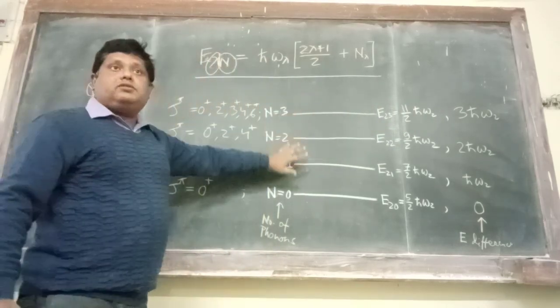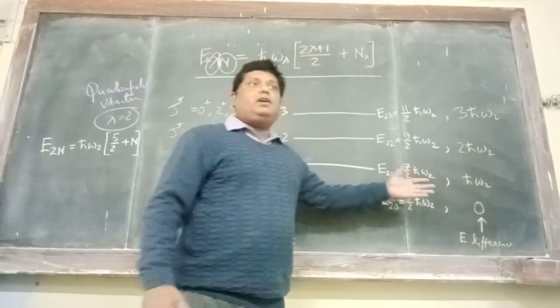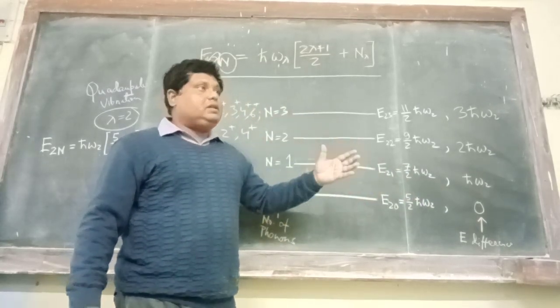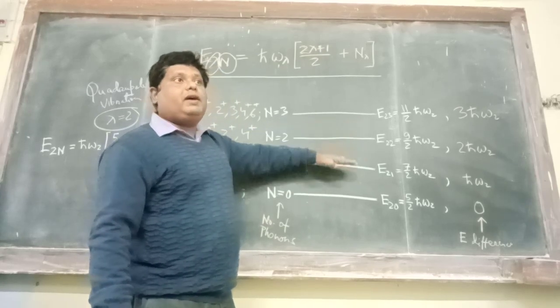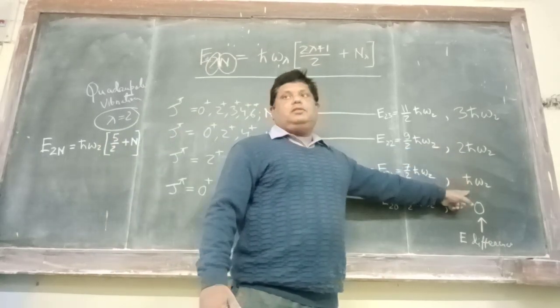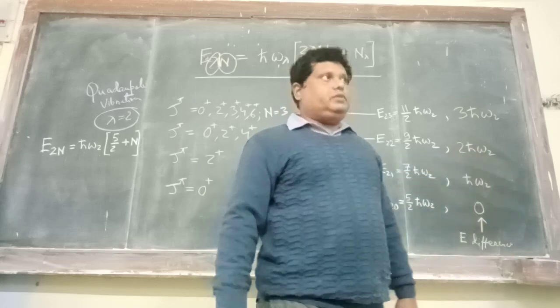As you can see from the structure itself, they are equidistant. Okay, so this is the reason why I was saying last day that one of the signatures of vibrational structure is this: the N equal to 2 energy level divided by the N equal to 1 energy level, you will get this value approximately 2. Okay, I showed you some examples.